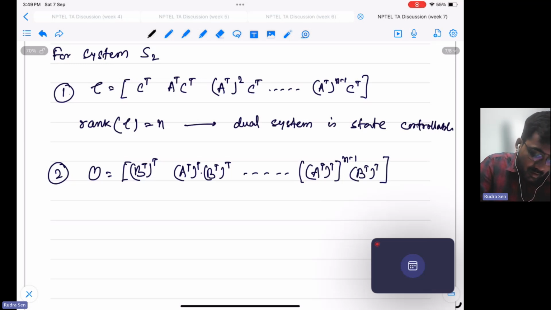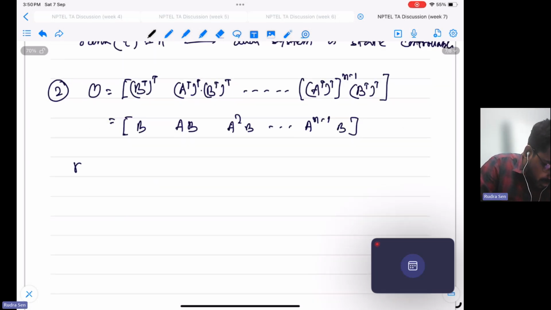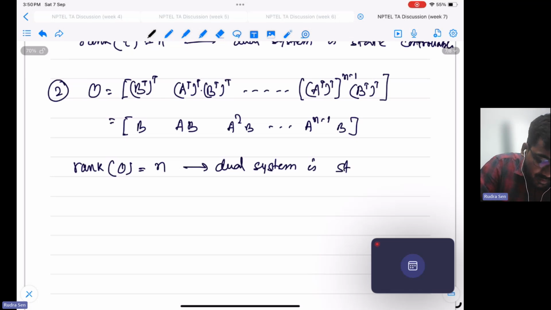So this becomes B, AB, A squared B, up to A to the power n minus 1 B. So the rank of O is n, which implies that the dual system is state observable.